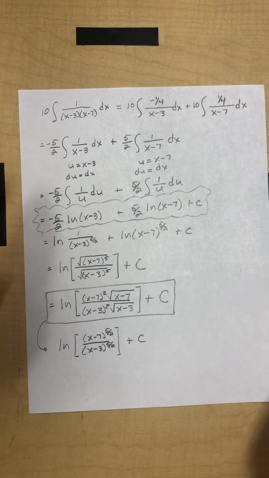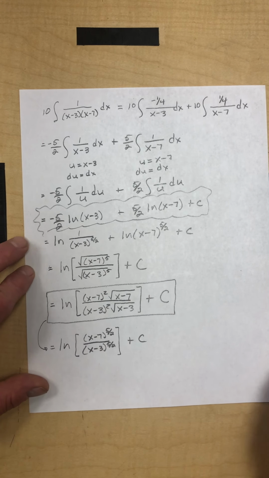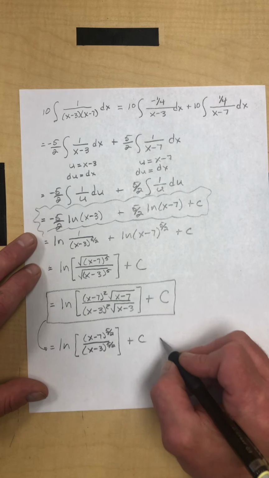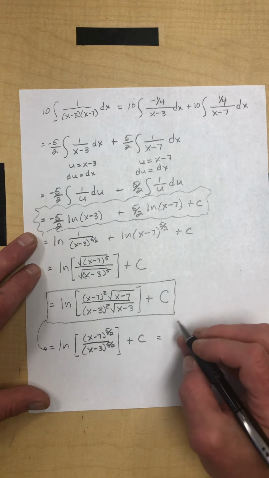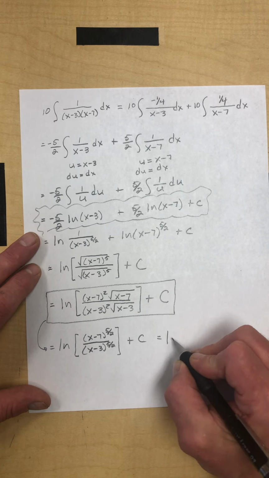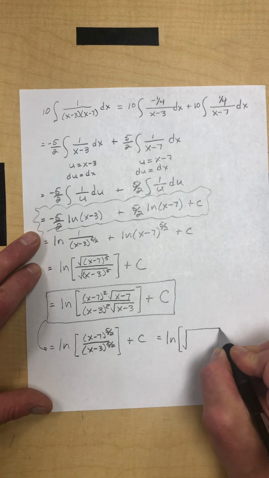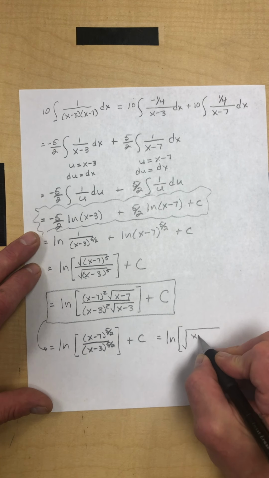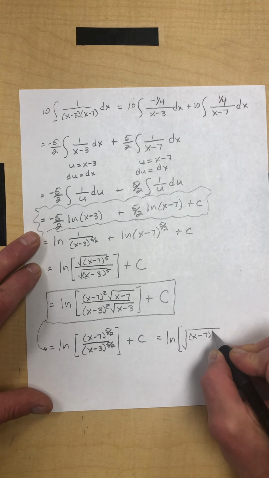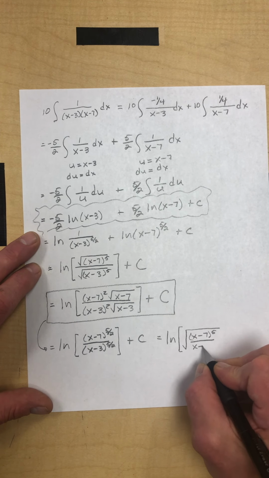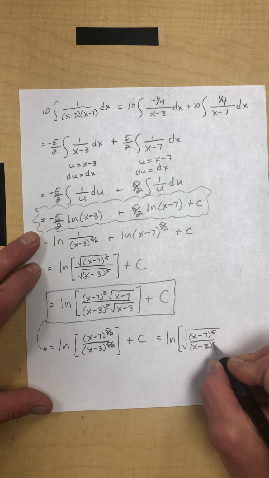You might have a professor in college that would let you do that, so that's maybe okay. What else could we do? Well, they're both square roots, so you might have natural log of the square root of x minus 7 to the 5th over x minus 3 to the 5th.